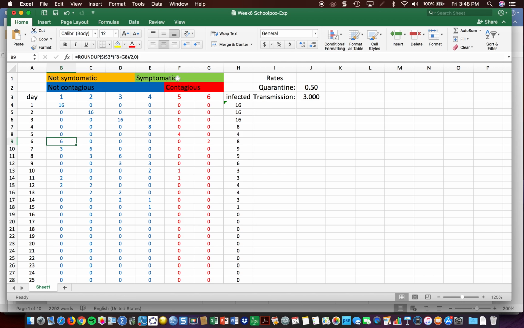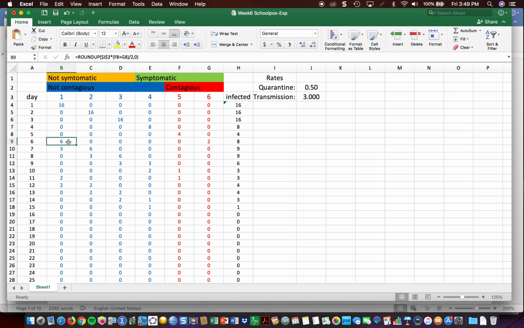Since the transmission rate is going to change, we could put that into the formula. So the J3 up here in the formula is the transmission rate. F8 and G8 are the sum of the two types of people that were contagious the day before, and then we divide that by 2 because they were contagious over 2 days, and we end up getting the value that's here in cell B9.